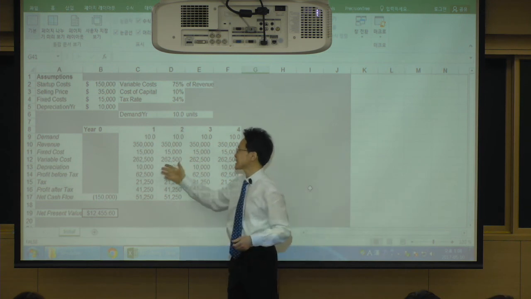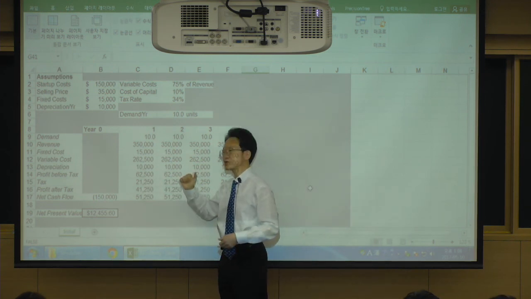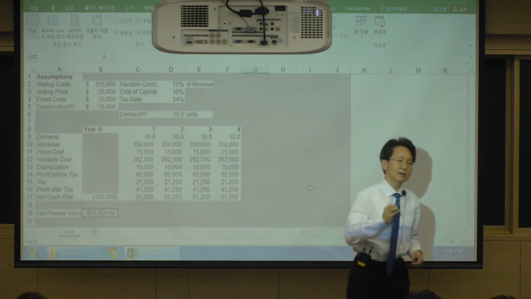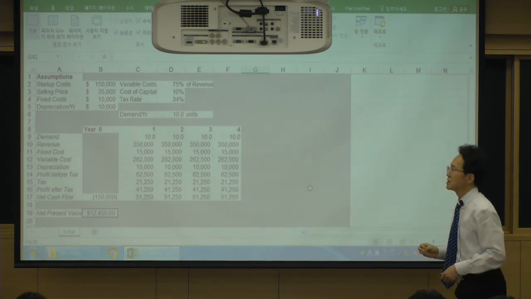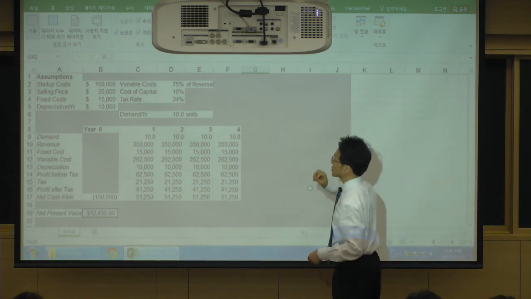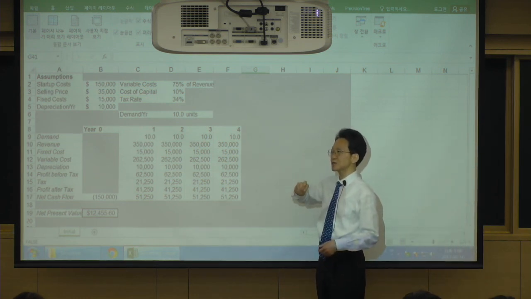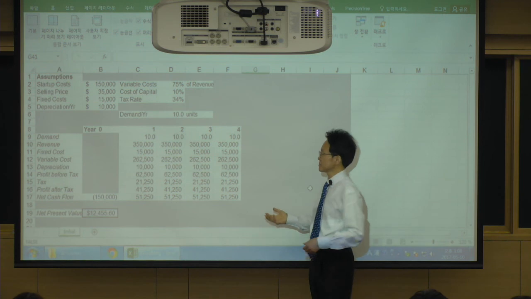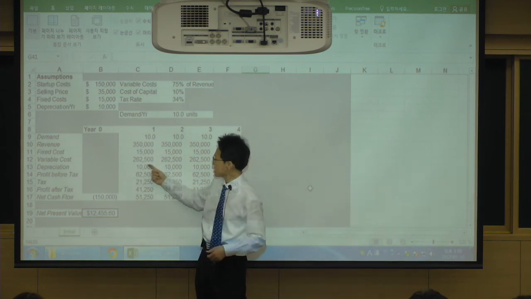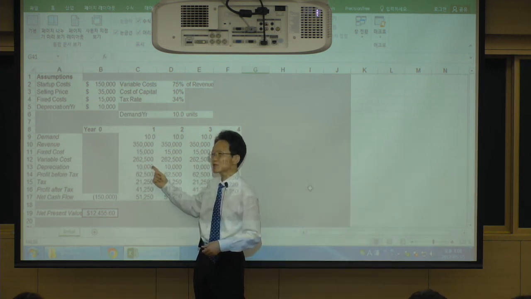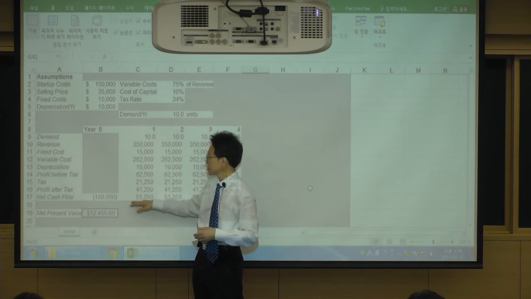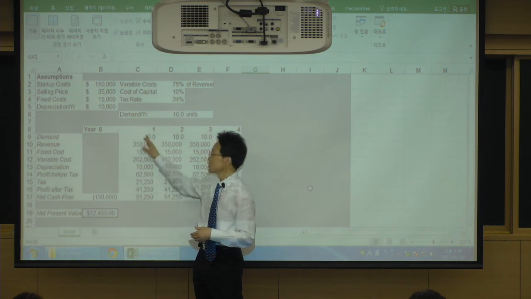For tax purposes, we usually consider depreciation, but when you try to make a managerial decision, you have to look at the actual cash, how much cash is coming in and going out, rather than the profit in an accounting concept. So you add back this depreciation because this is not actual cash paid. So you add them up and you have net cash flow for each year.